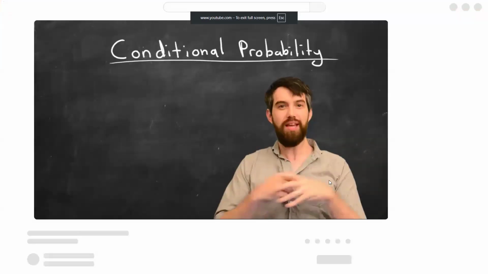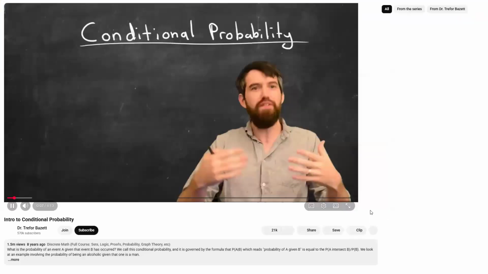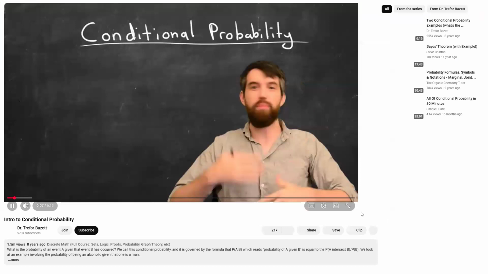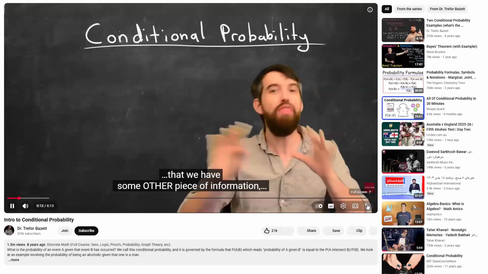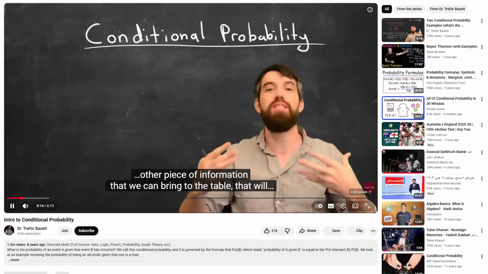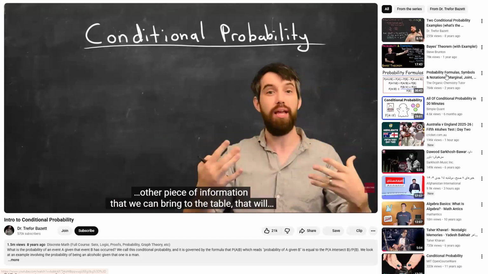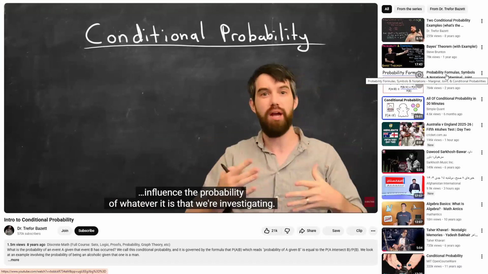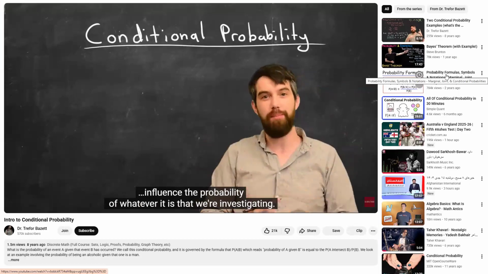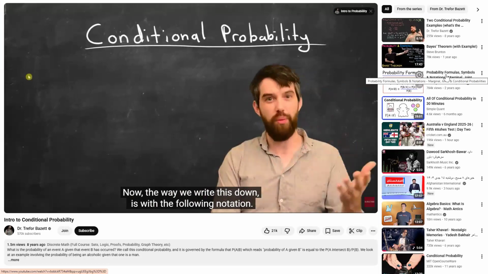In this video, we're going to talk about something called conditional probability. The idea with conditional probability is that we want to figure out the probability of something given that we have some other piece of information that we can bring to the table that will influence the probability of whatever it is that we're investigating. The way we write this down is with the following notation.